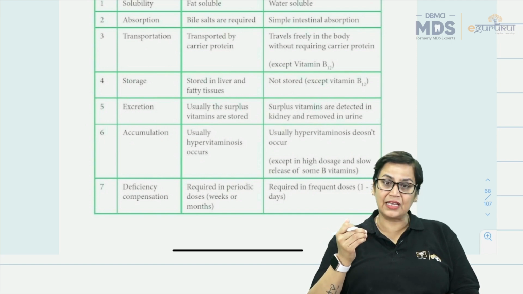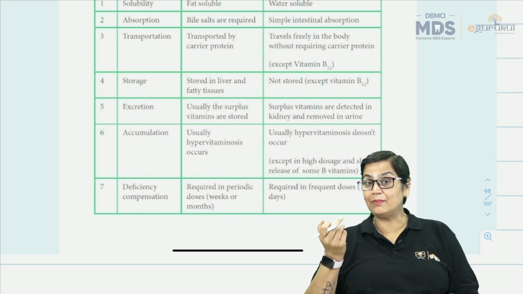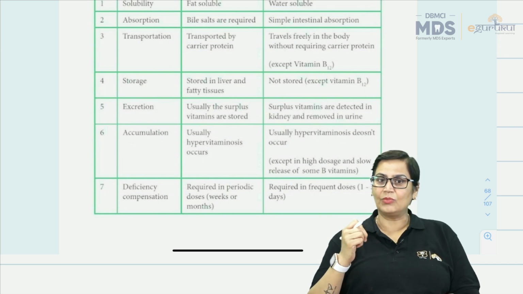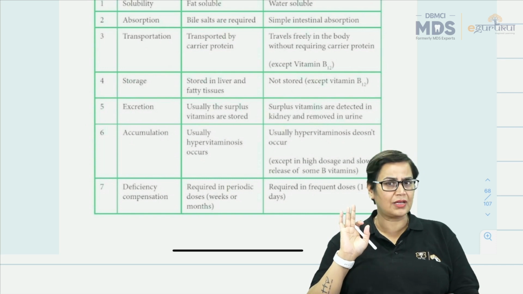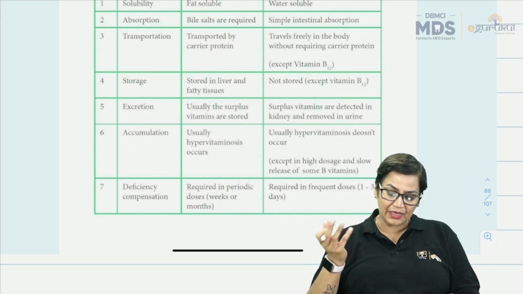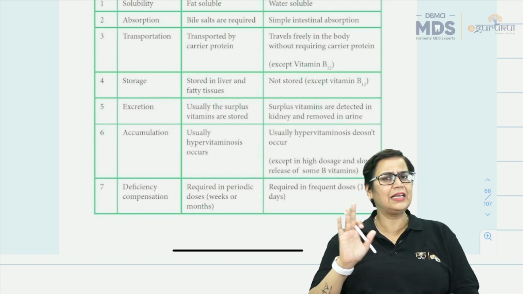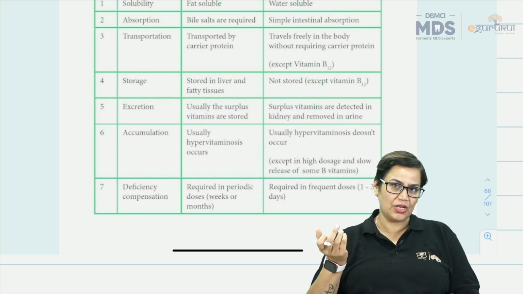We will be discussing hypervitaminosis and what clinical manifestations there are; that is all we are going to discuss in this. If we talk about water-soluble vitamins, usually hypervitaminosis does not occur, except in high dosage and slow release of some B vitamins, but in general it does not occur. And the last difference is deficiency compensation.